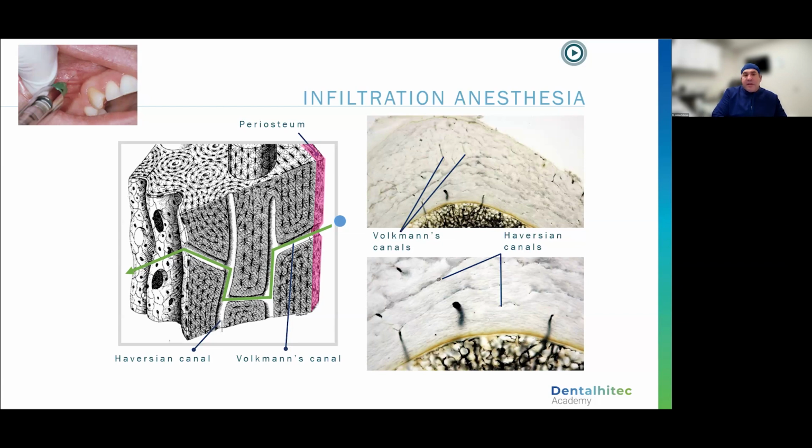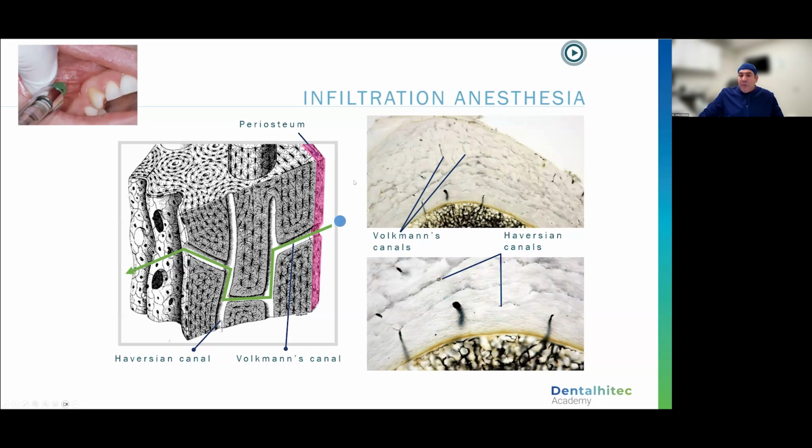I never really thought about this in detail until I started using these units. That's really not an efficient way of giving local anesthesia. You've got to give a fair amount more of that solution, that bolus of local anesthetic, to be able to move through the periosteum, through the cortical plate, and then all the way down to the apex of the tooth, right?